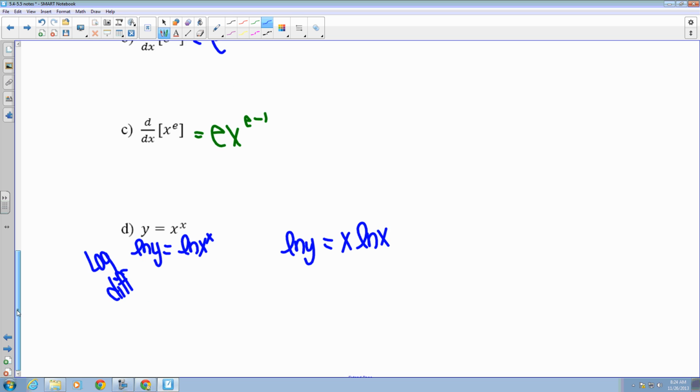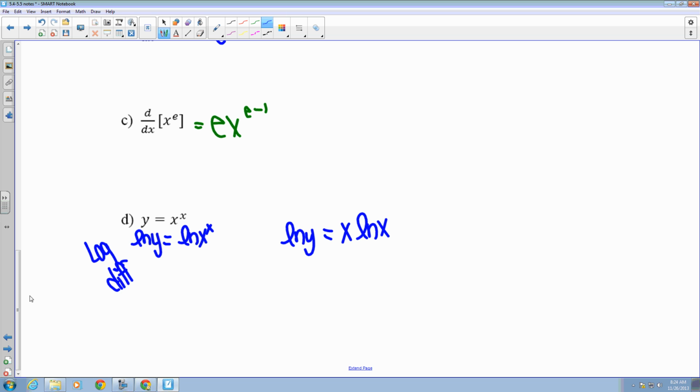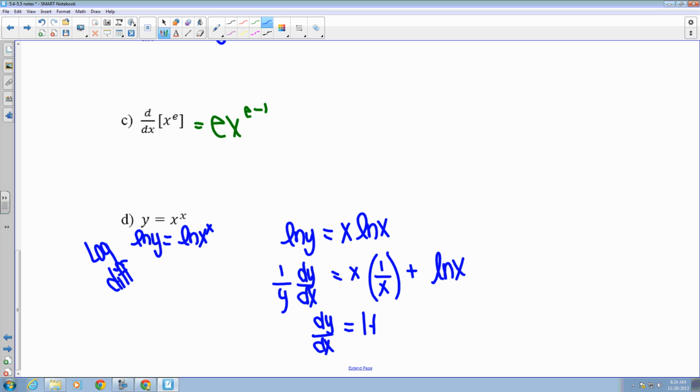And then we take the derivative of both sides, the right side being the product rule. Okay, so dy/dx is 1 plus ln x, whole thing times x to the x.